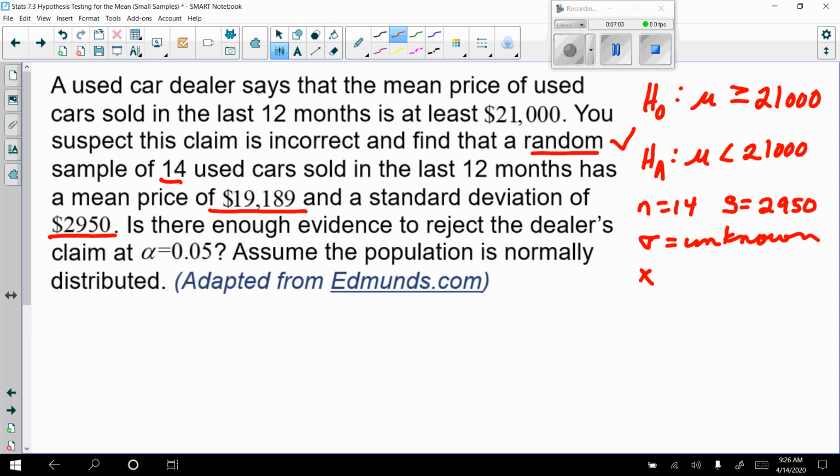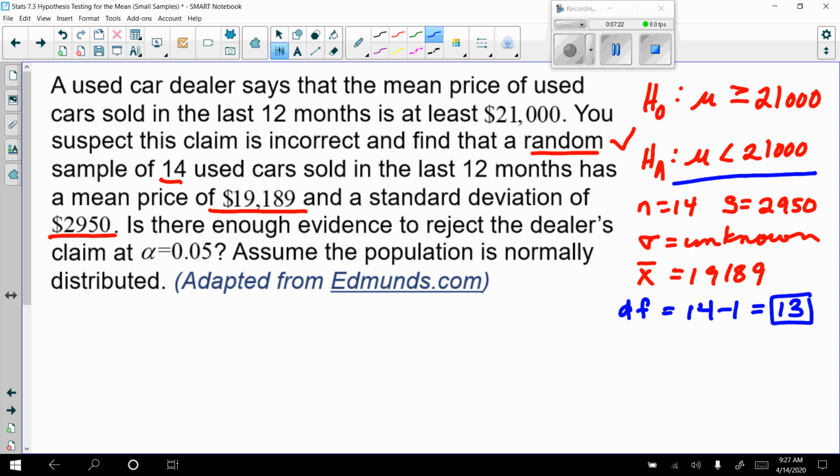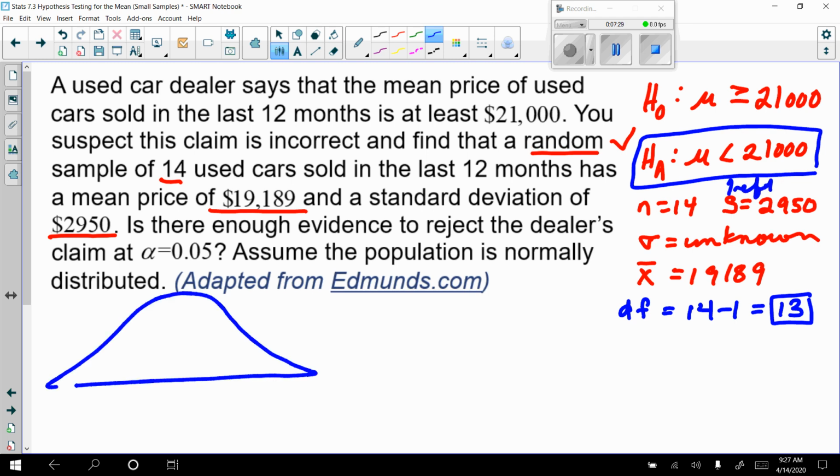And we know that our sample mean is 19,189. From that, we can find our degrees of freedom, which is going to be 14 minus 1, or 13. We know that using our alternate hypothesis, this is going to be a left-tailed test, where our alpha is 0.05.